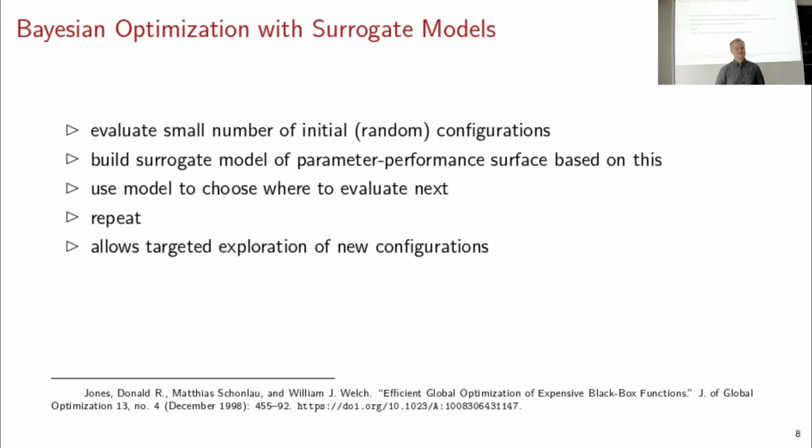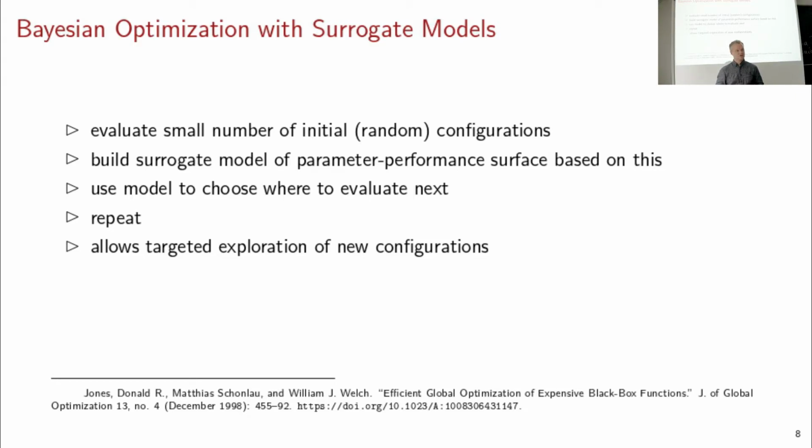We take some initial data points, so this could be random evaluations, a small number, whatever the suitable definition of small number is in a particular context, and then we build a surrogate model of the parameter response surface, here the parameters of the experiment and the ratio for the conversion that we measure.